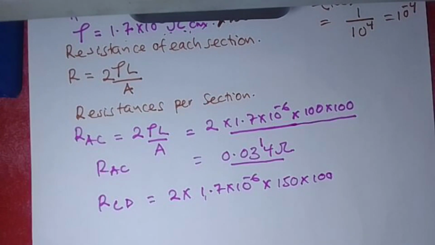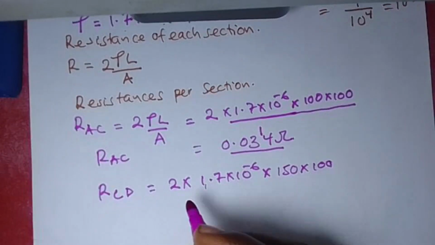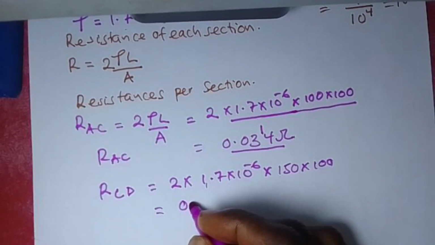Okay, so from that we can say 2 times 1.7 exponent negative 6 times 150 times 100. So that is giving me 0.051 ohms as resistance. So the resistance across that section is 0.051 ohms.